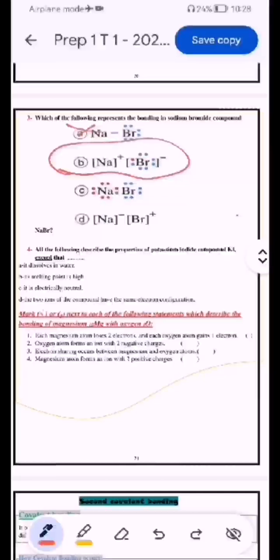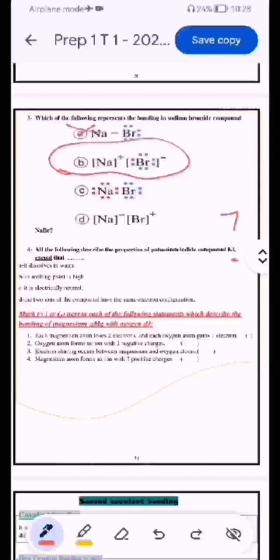Number four, all the following describe the properties of potassium iodide, KI. Okay. K is 19, and I is a halogen, so its outermost shell contains 7, so it will gain 1 electron, and K will lose its electron and make an ionic compound.